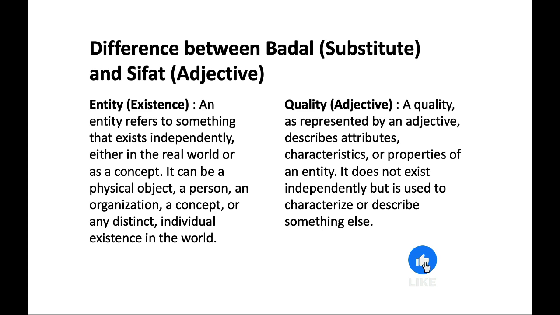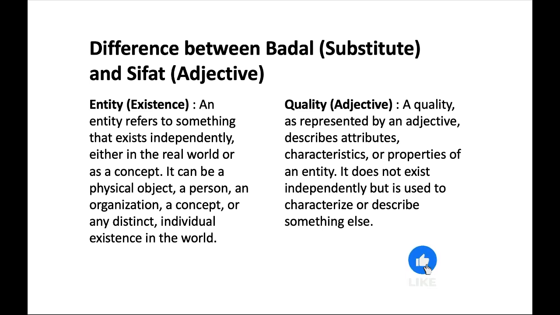An entity refers to something that exists independently, either in the real world or as a concept. It can be a physical object, a person, an organization, a concept, or any distinct individual existence in the world.